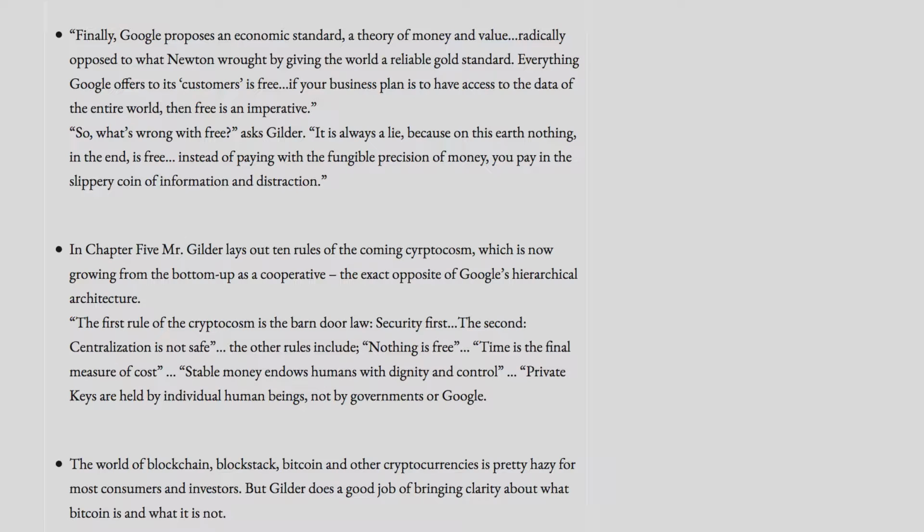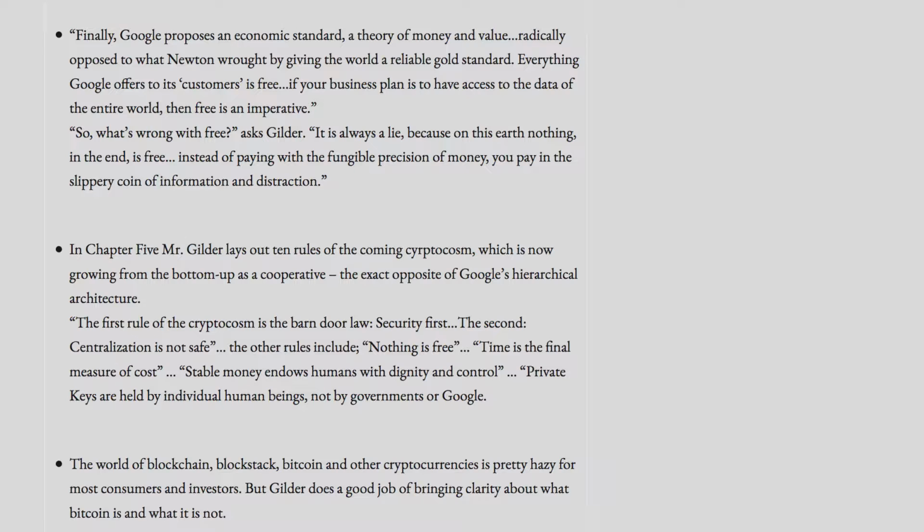"So what's wrong with free?" asks Gilder. "It is always a lie, because on this earth, nothing in the end is free. Instead of paying with the fungible precision of money, you pay in the slippery coin of information and distraction."